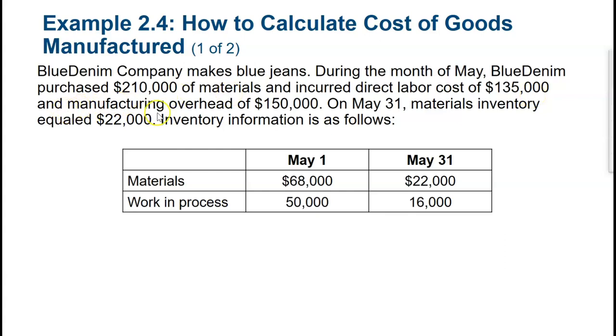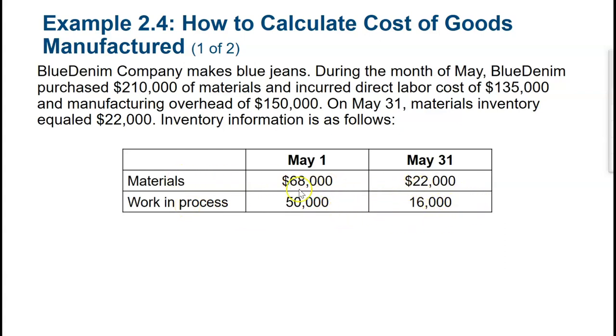They also incurred manufacturing overhead of $150,000, or that's what we're going to apply to cost anyway. On May the 31st, materials inventory equaled $22,000. We've already accounted for that. Inventory information is as follows. Work in process at the beginning of the month is $50,000, and at the end of the month is $16,000.